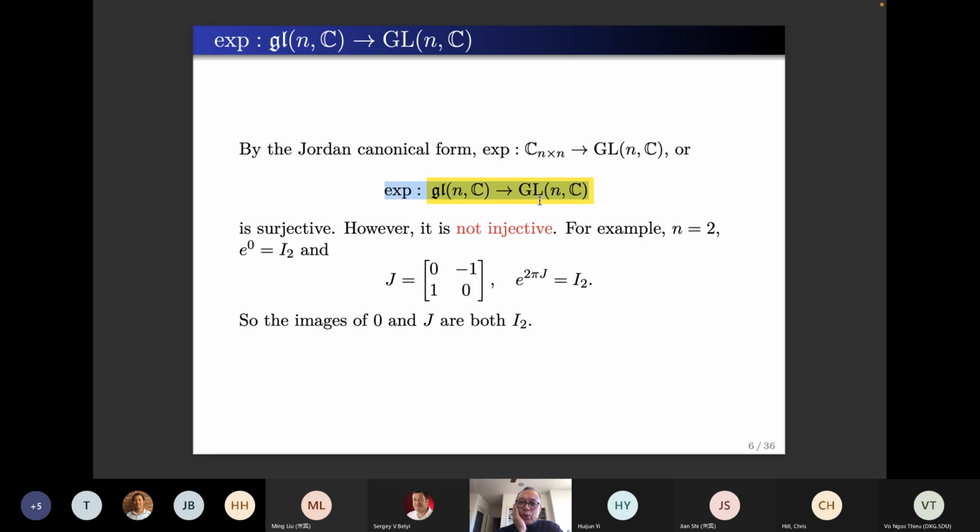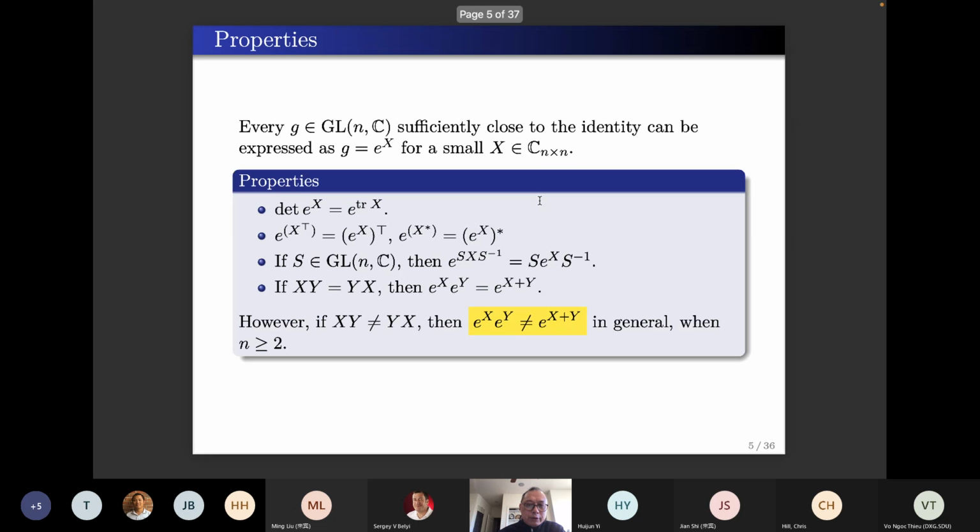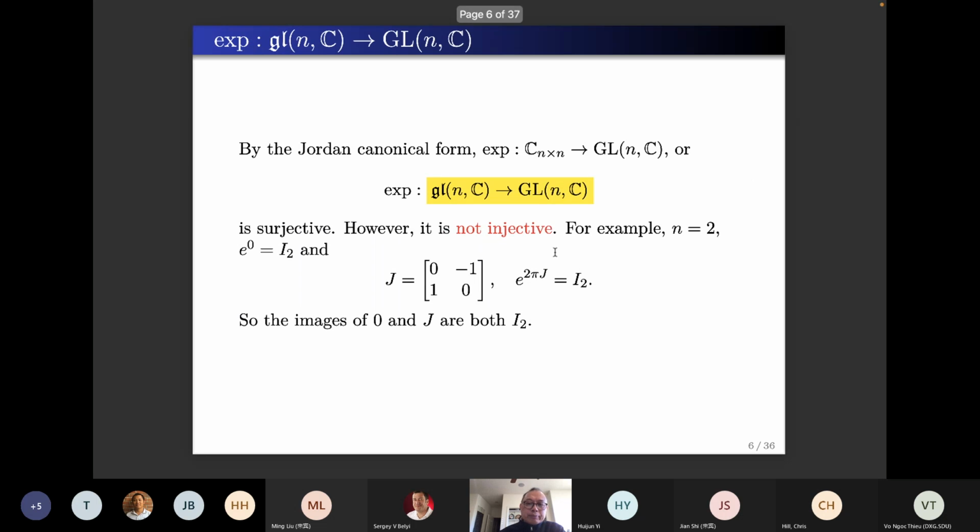You can use the Jordan canonical form together with this property. At first you convert X into its Jordan canonical form, and then you work with each Jordan block, and then you build up the theory. So this is surjective. However, this is not injective.